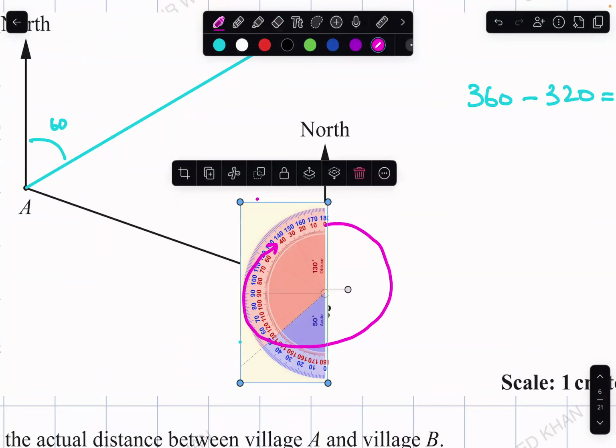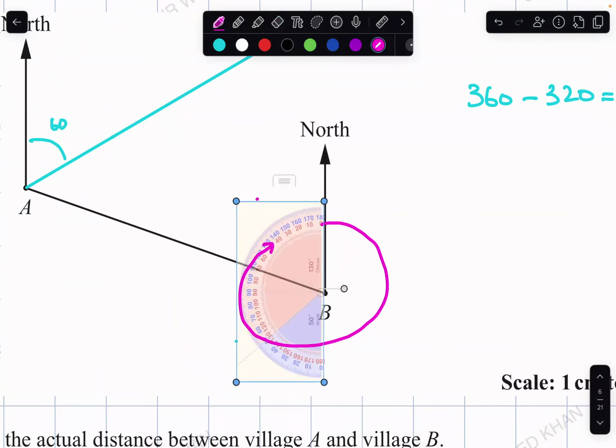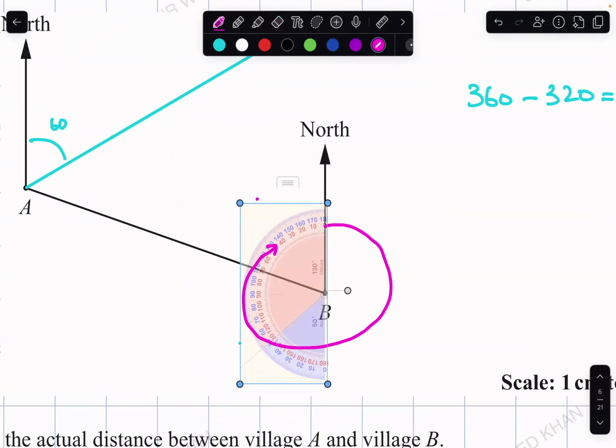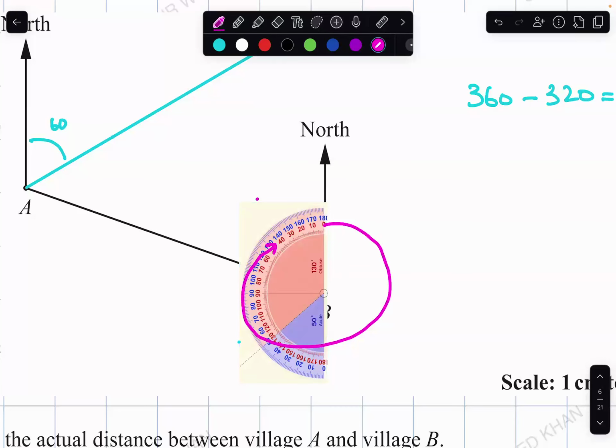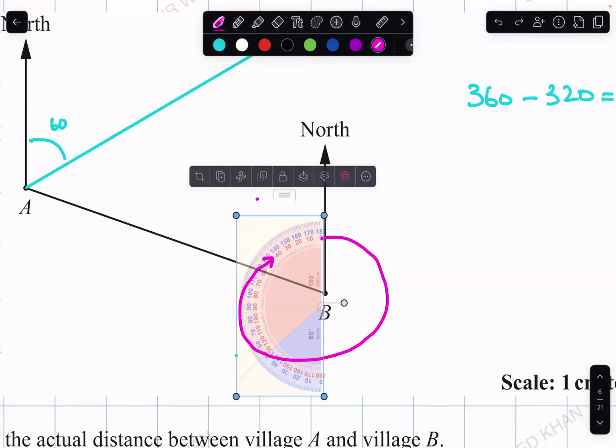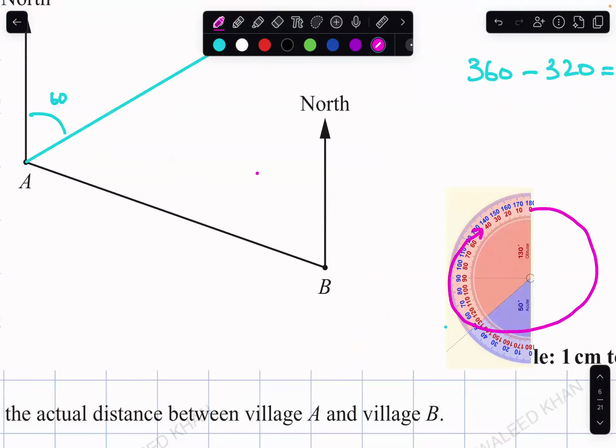Somehow over here. Because I have limitations here, I can't draw it exactly as it is, but I can see 40 is somewhere over here. It's like over here, right? So I'm just going to mark this like this.